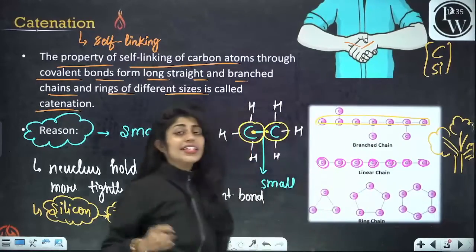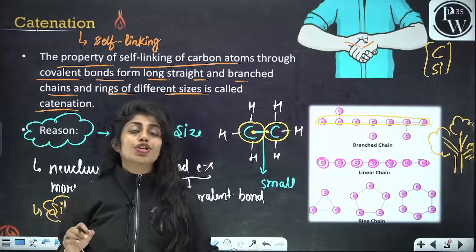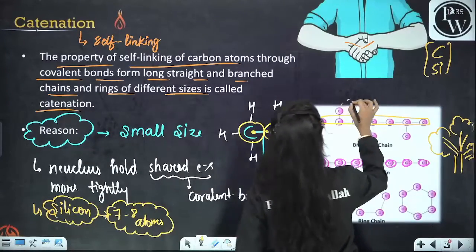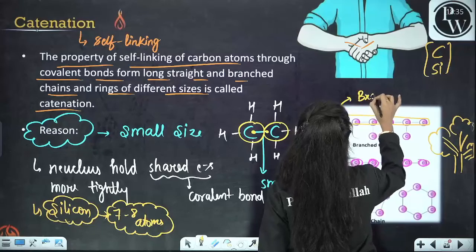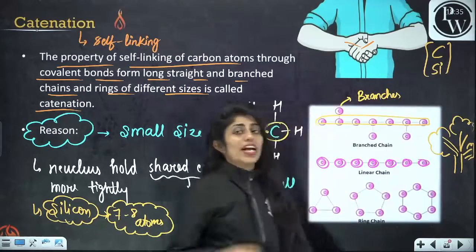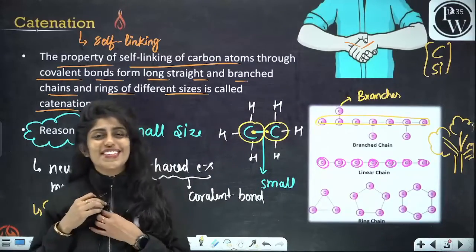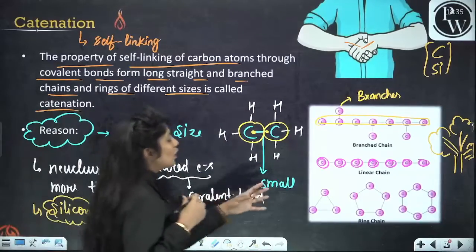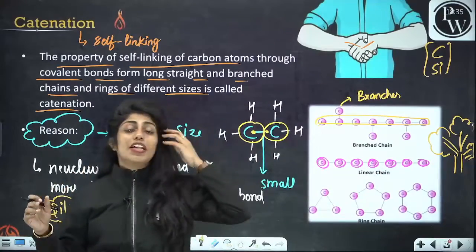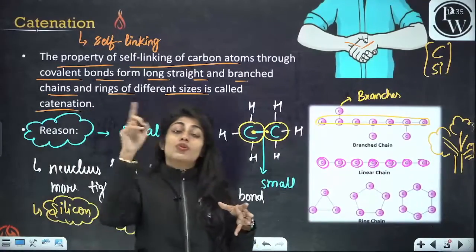And other than this linear chain, the parent chain, there are some other carbons attached. We call them branches. And the compound is known as a branched compound. Yes or no? Okay. And if one carbon, the very first carbon, is attached to the terminal carbon, it will form a cycle.